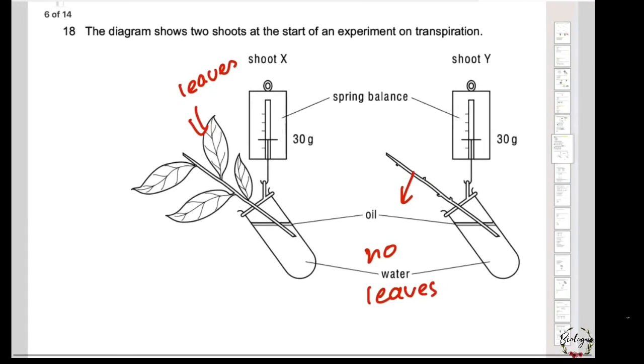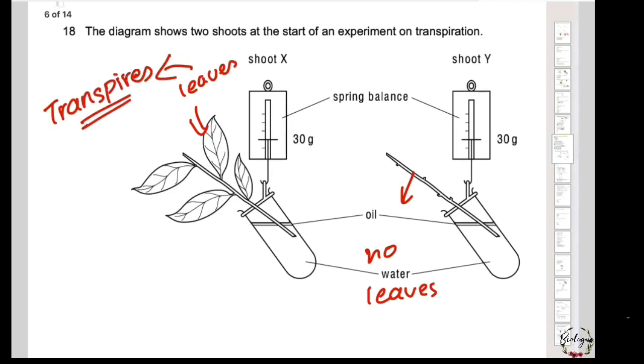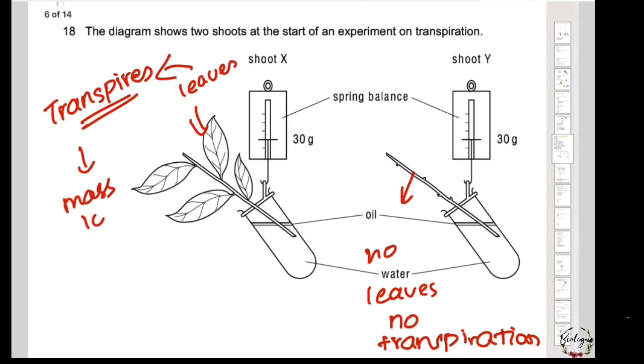One justification that we can make will be that here transpiration will occur. So the leaf transpires over here, and there is no transpiration over here. So when the leaf transpires, there will be mass loss, because water is being lost. Similarly here, because no transpiration, there is no mass loss.